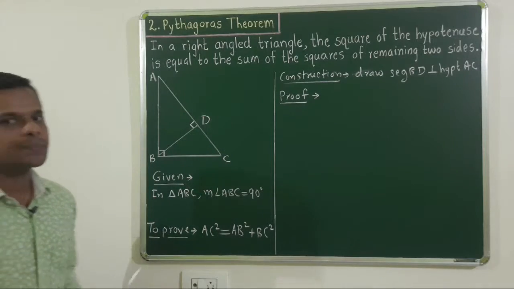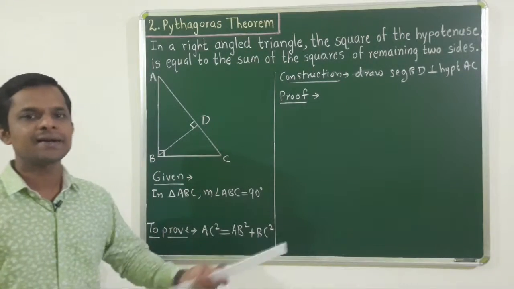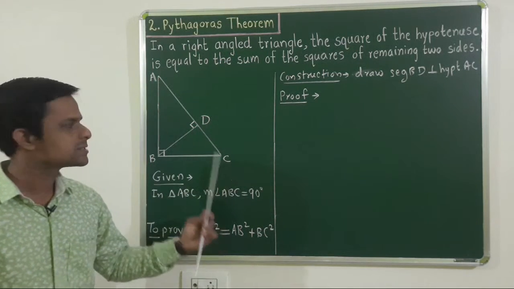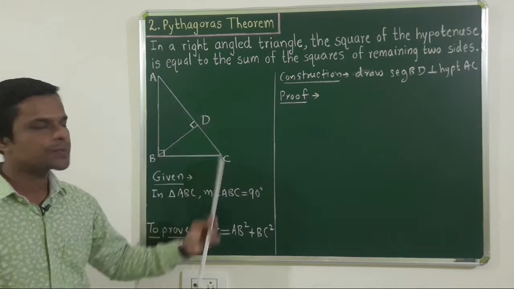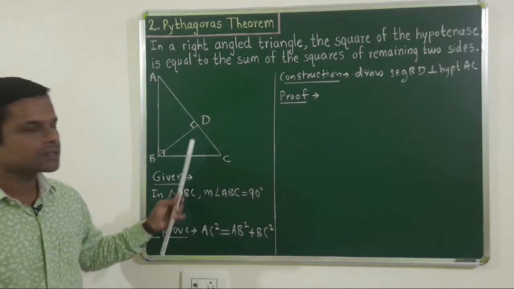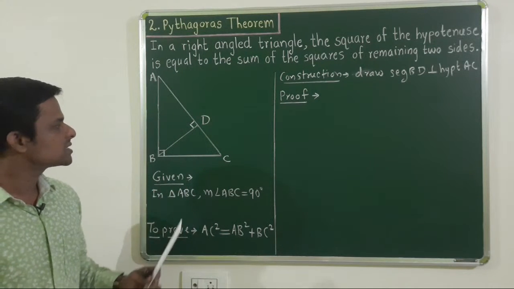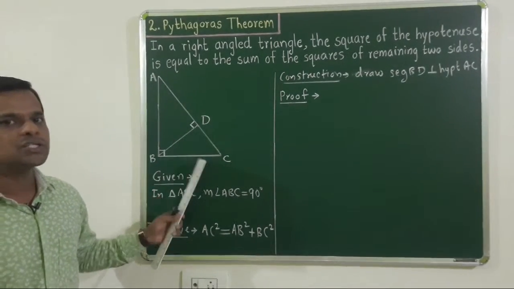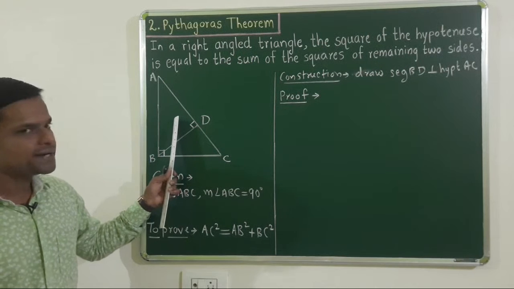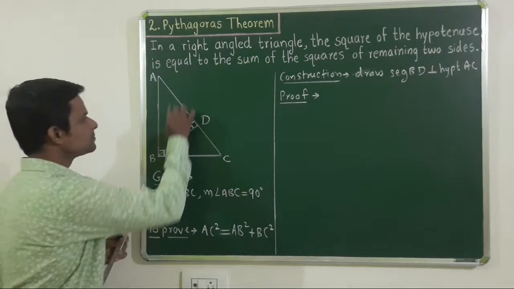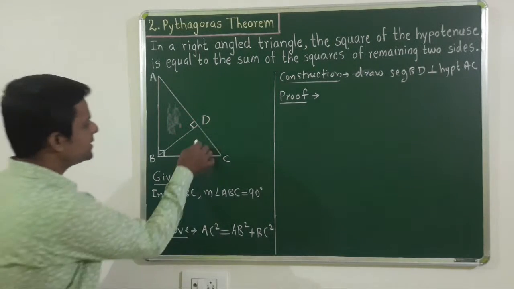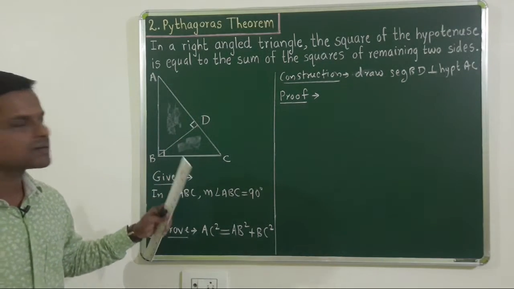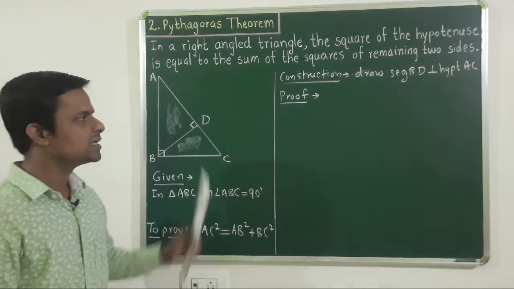By using the previously proved theorem about similarity in right angle triangles, if the altitude is drawn on the hypotenuse, then the two triangles formed are similar to the original triangle and similar to each other. It means triangle ADB will be similar to triangle BDC, and similar to triangle ABC.